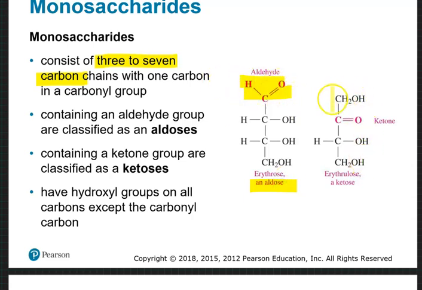And if it contains a keto group, we'll call it a ketose. So at the end of the day, to describe any specific monosaccharide, we will characterize it as aldose or ketose, and we will also describe how many carbons comprise the molecule.